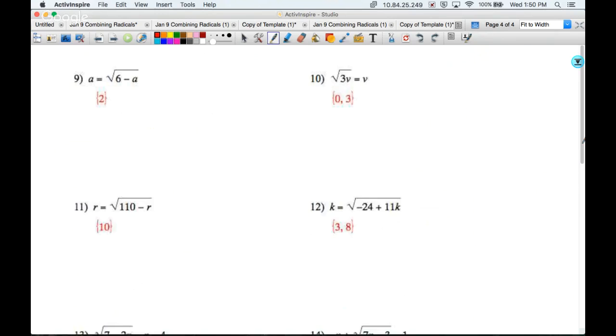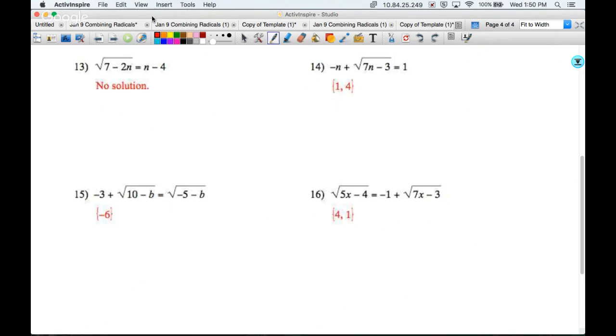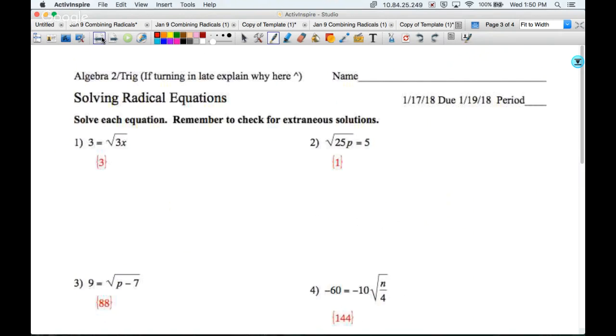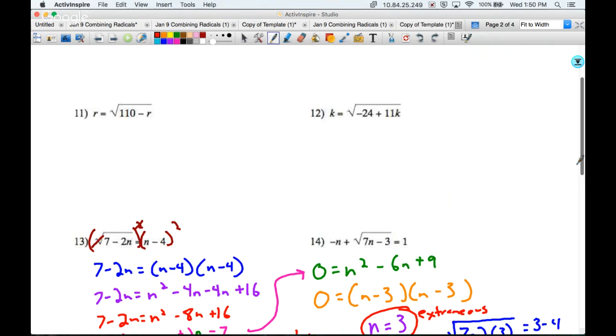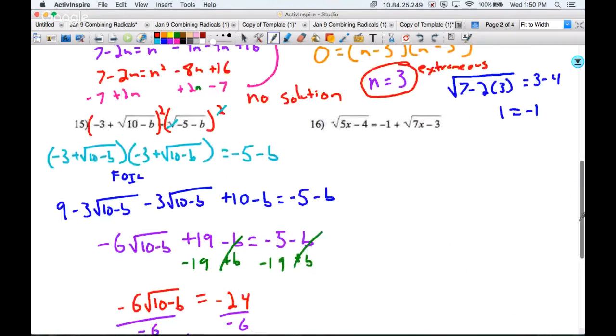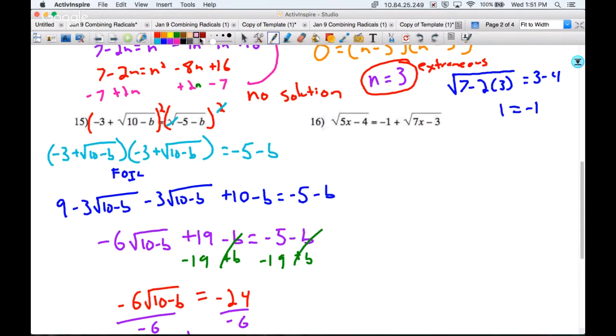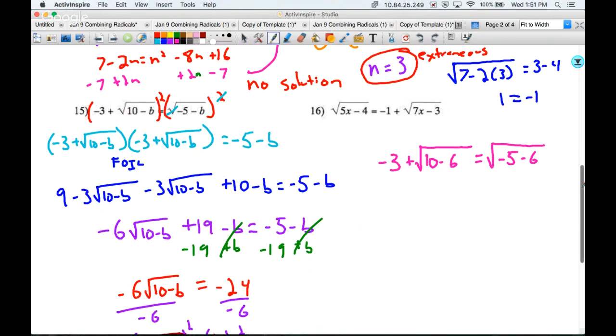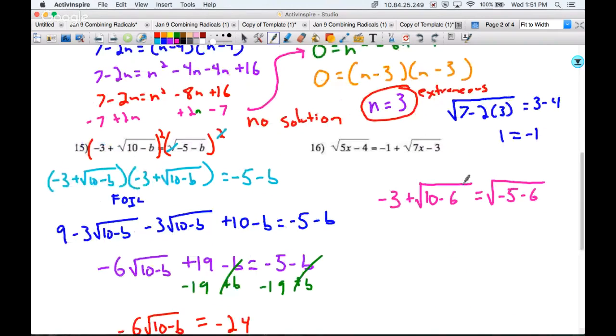Let's check and see. Yeah, that is the correct answer. It's the only answer. It's still worthwhile to make sure it's not an extraneous solution, so I'll go through that process right now, just to be doubly sure. So I plug in 6 for b. Wait, I plug in negative 6 for b.